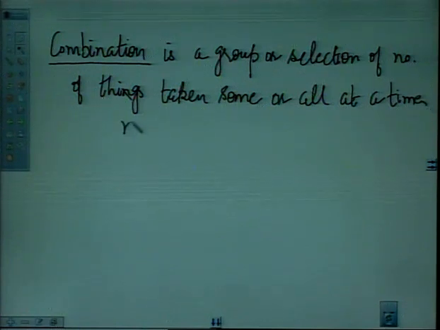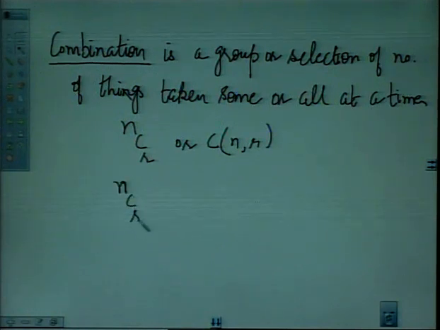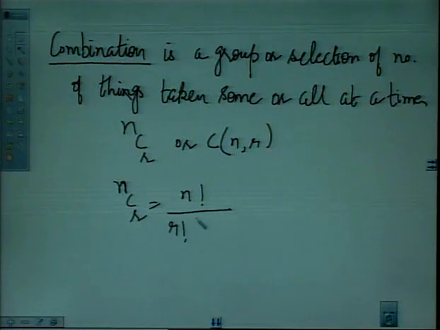The notation is nCr, or we can write this as C with n comma r. The formula for nCr is n factorial over r factorial into n minus r factorial.